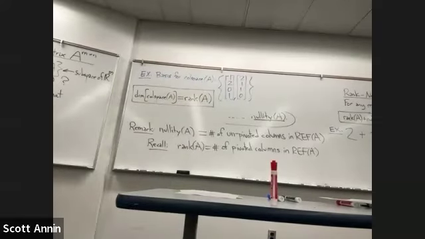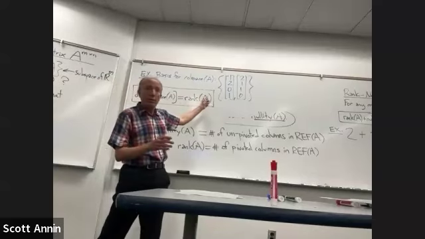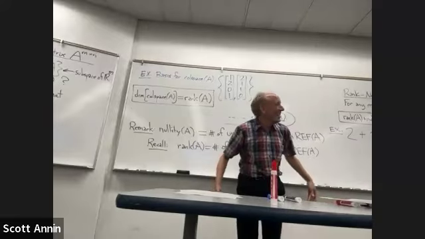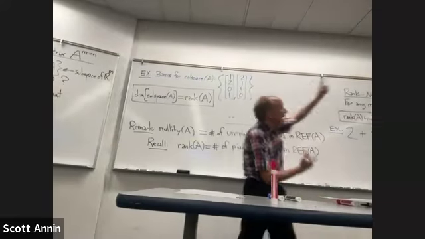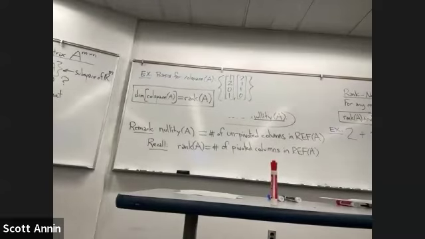So the column space and the row space both have the same dimension, the rank, but they live in different universes. The row space is a subspace of Rn. The column space is a subspace of Rm.